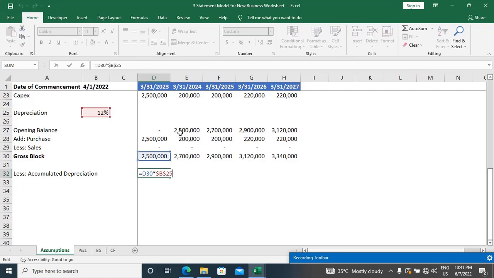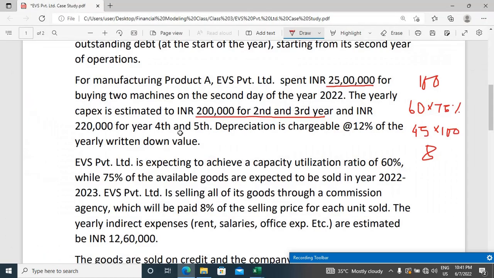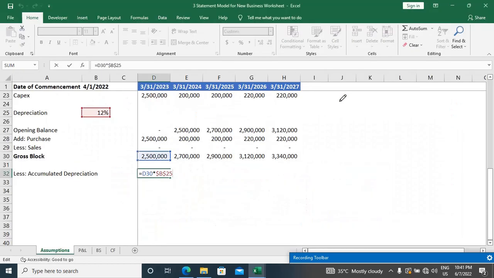Now I do not know whether you remember it or not, but here we said that for manufacturing product A, EVS Limited spent 25 lakh for buying two machines on the second day of the year 2022. So we should have calculated it on a proportionate basis, right?